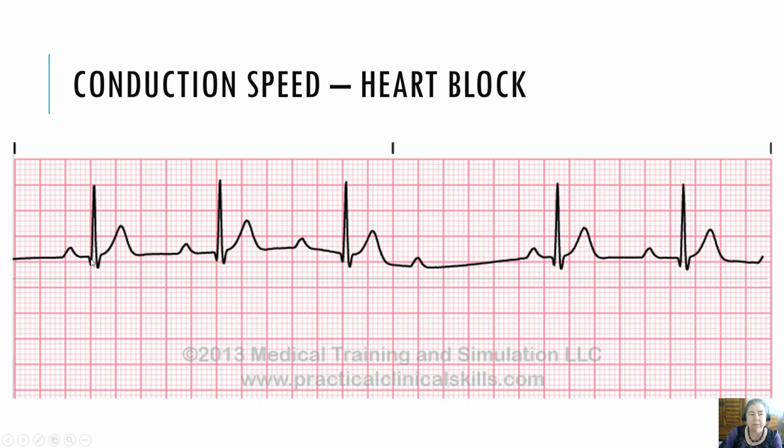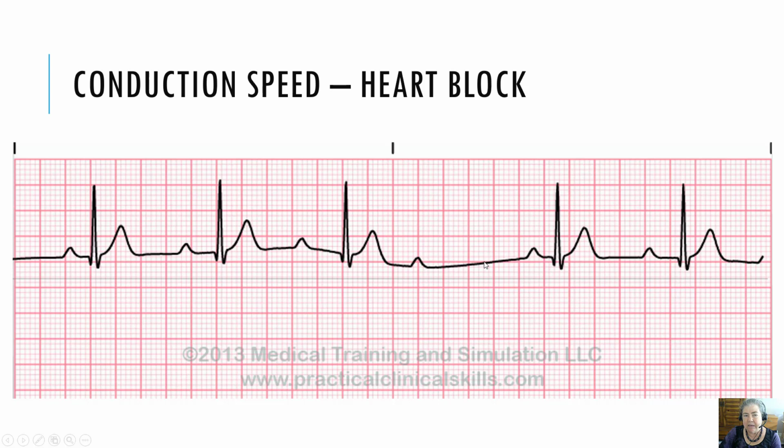At the next beat, 1, 2, 3, it's closer to 7 or 8 little boxes. And at the next one, we're up to about 9 little boxes. And that beat happens, and then you get a P wave, and you don't get a following QRS complex.